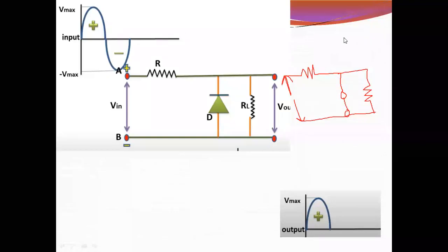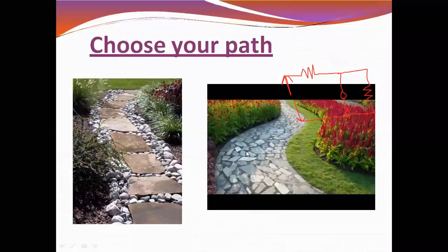I'll give one example for this. If you have these two paths, one path which is full of stones, which is a very crucial path and not allowing you to walk in a peaceful way, and another which is a nice way, then which path will you choose?